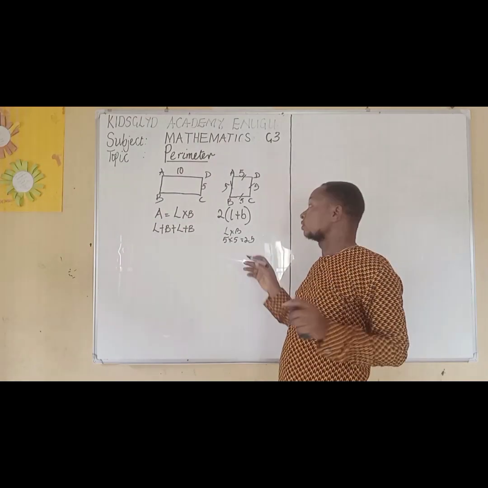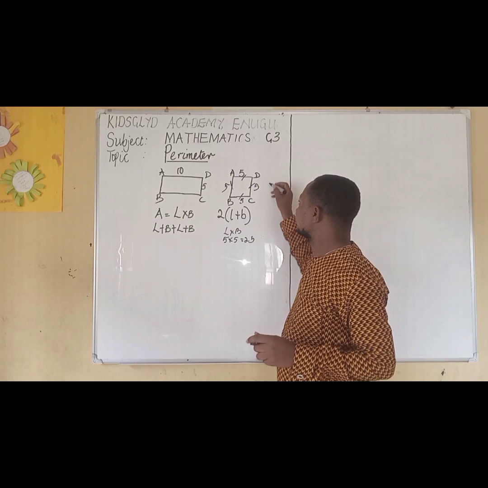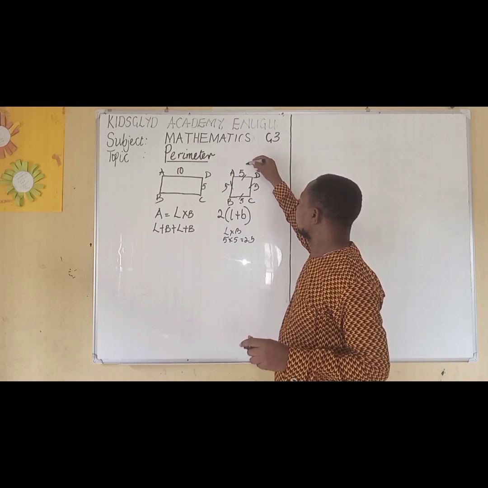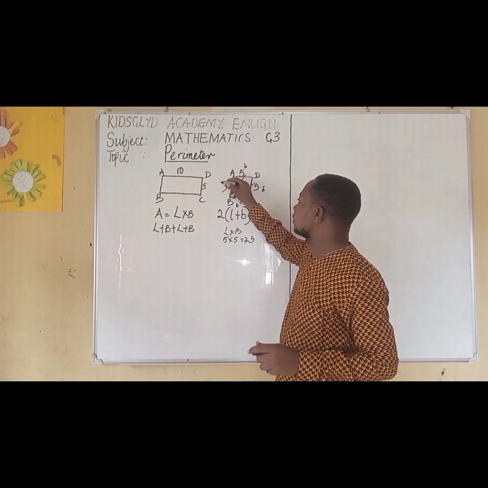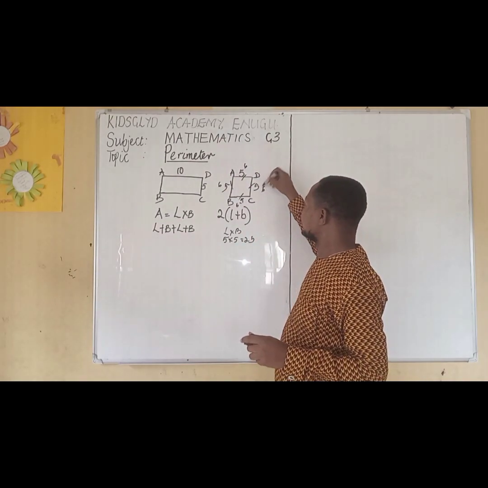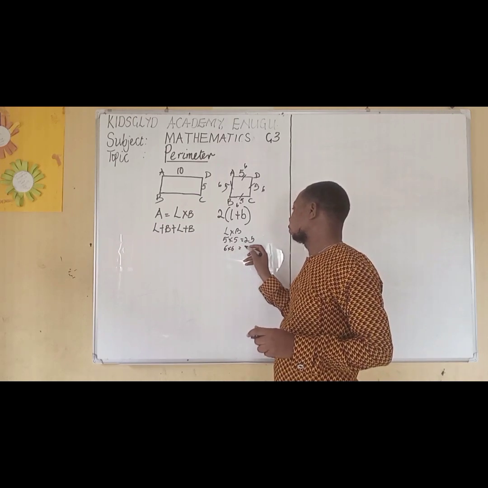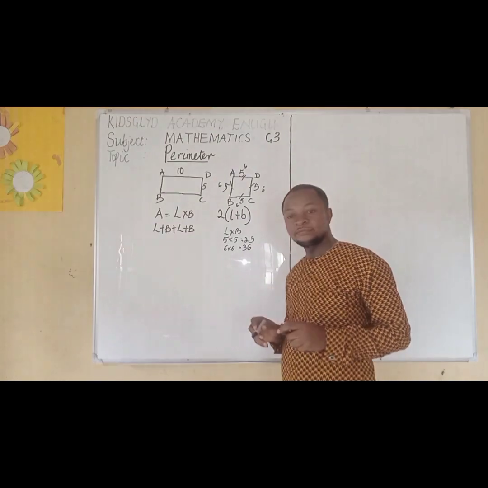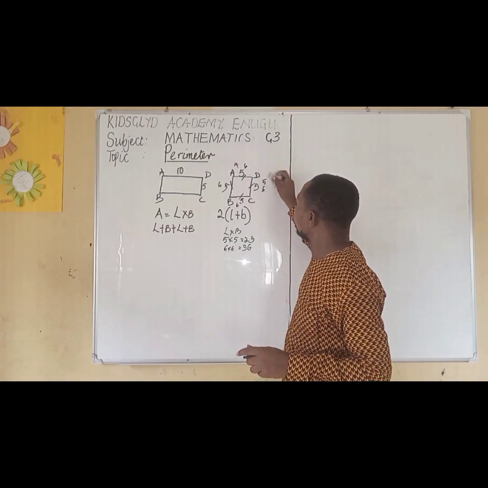Then maybe we are given 6, 6, 6, 6. Length times breadth is 6 times 6, which is equal to 36.